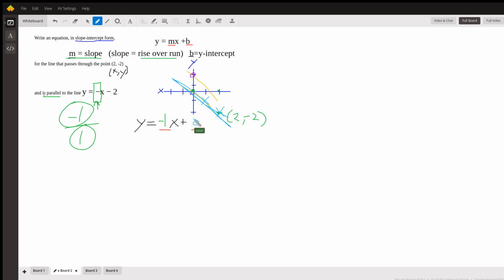Start at your point, follow the slope, 1 down, 1 over, until you find your y-intercept, which is 0. So we could simplify our answer today to be y equals -x.